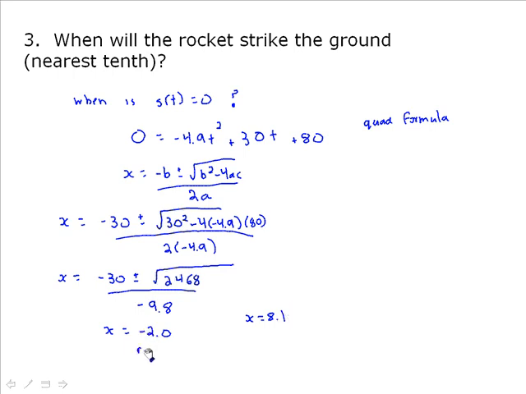So we have to reject this one. Time equals 0 is where the whole thing starts. So we can then say it strikes the ground 8.1 seconds after the fuel is gone.